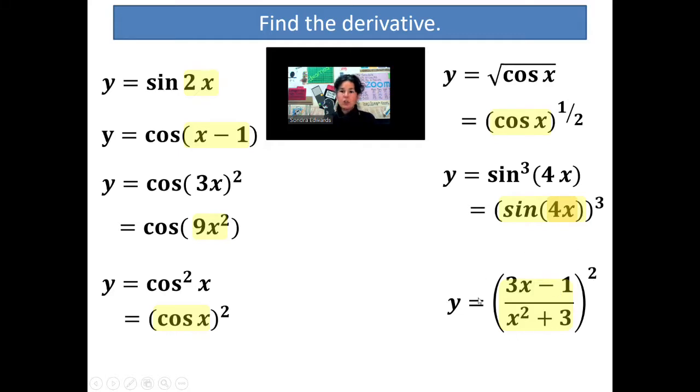So we're going to have 2 and then 3x minus 1 over x squared plus 3 to the first power. Chain on the derivative of what's in yellow there. Now, when you do go to chain on the derivative of what's in yellow, you're going to have to use, to take the derivative of that, low d high minus high d low over low squared.